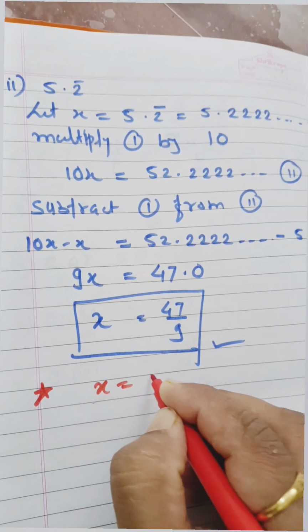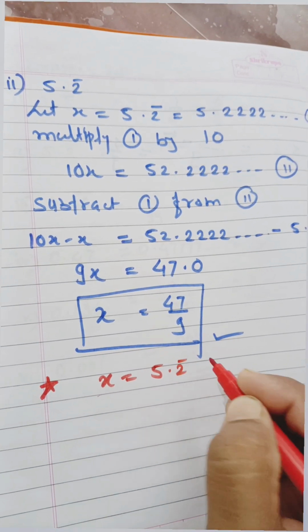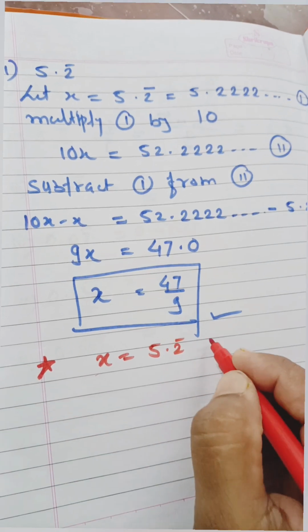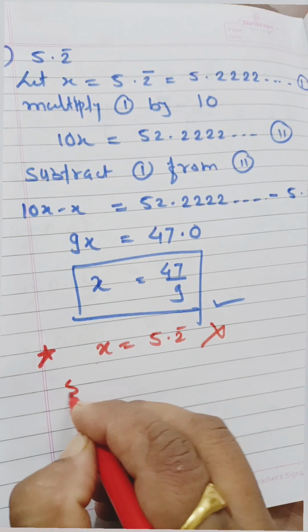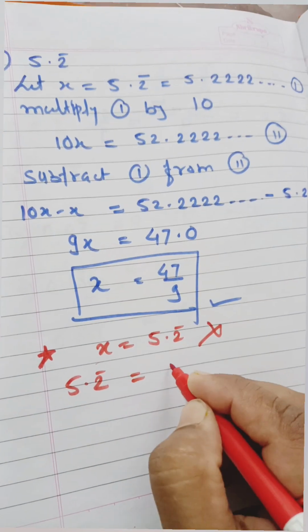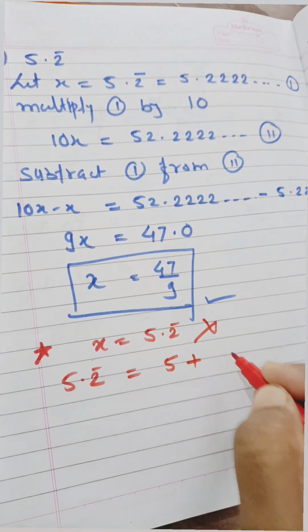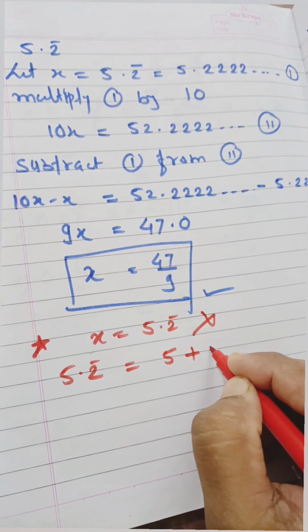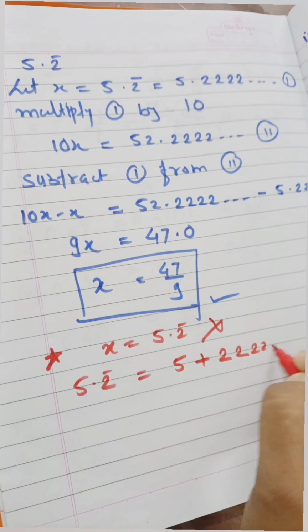Instead of writing x equals 5.2 bar, we can write 5.2 bar equals 5 plus 0.2 bar, meaning 0.222 and so on.